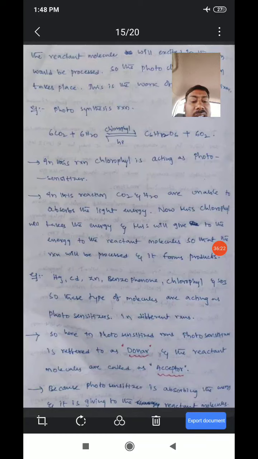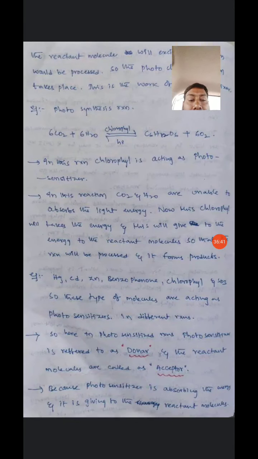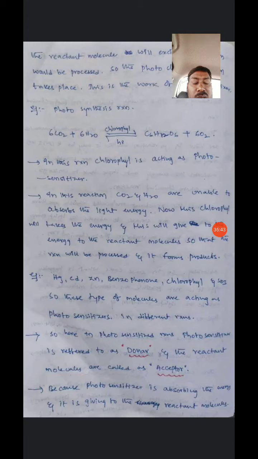In photosensitized reactions, the photosensitizer is referred to as a donor, and the reactant molecule is called an acceptor.